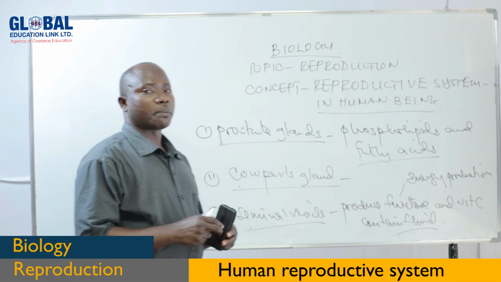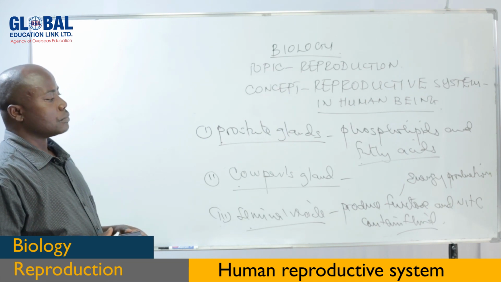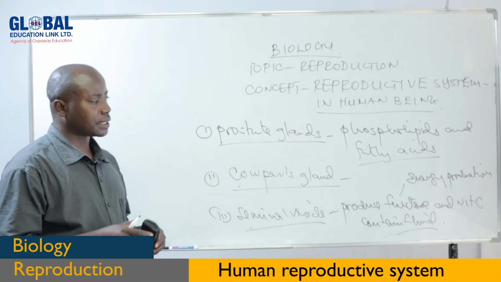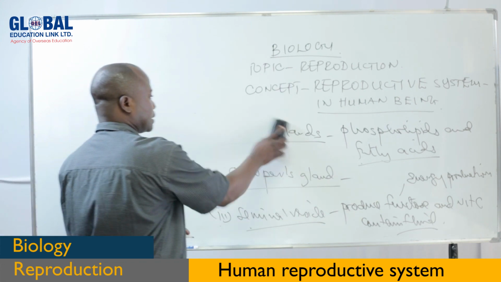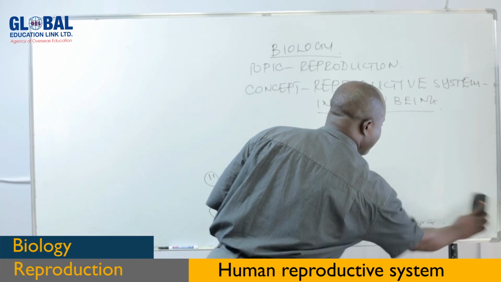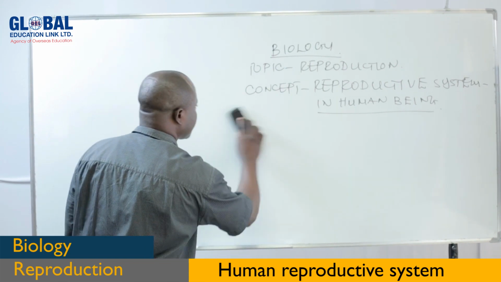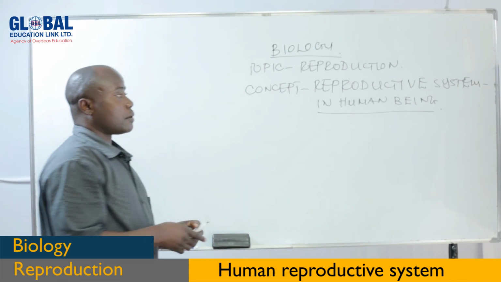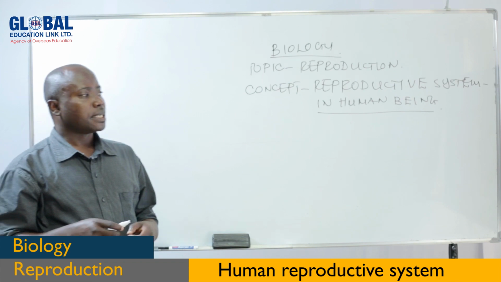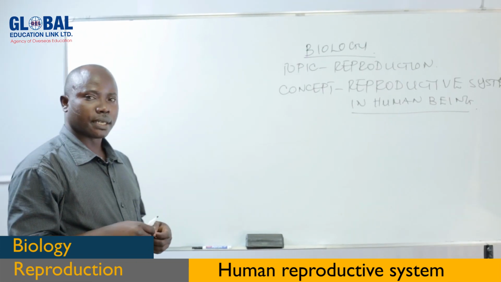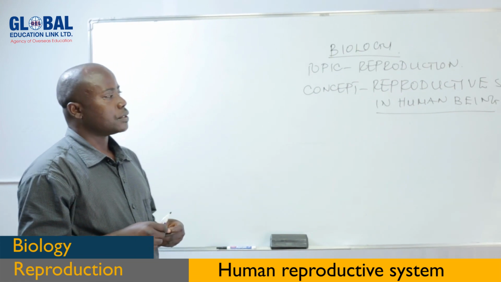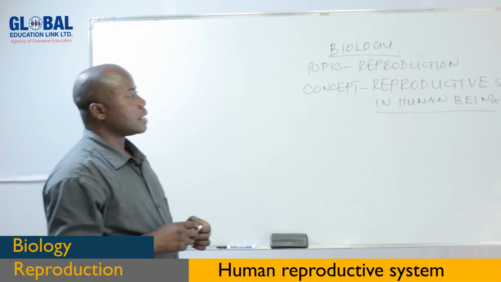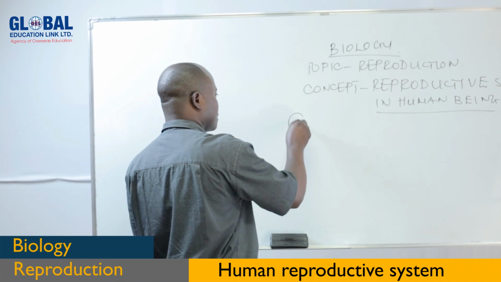That will enable the spermatozoa to swim into the female reproductive tract in search of female reproductive cells. Therefore, dear students, these are the functions of the accessory glands in the male reproductive system, and therefore let us see the general function.